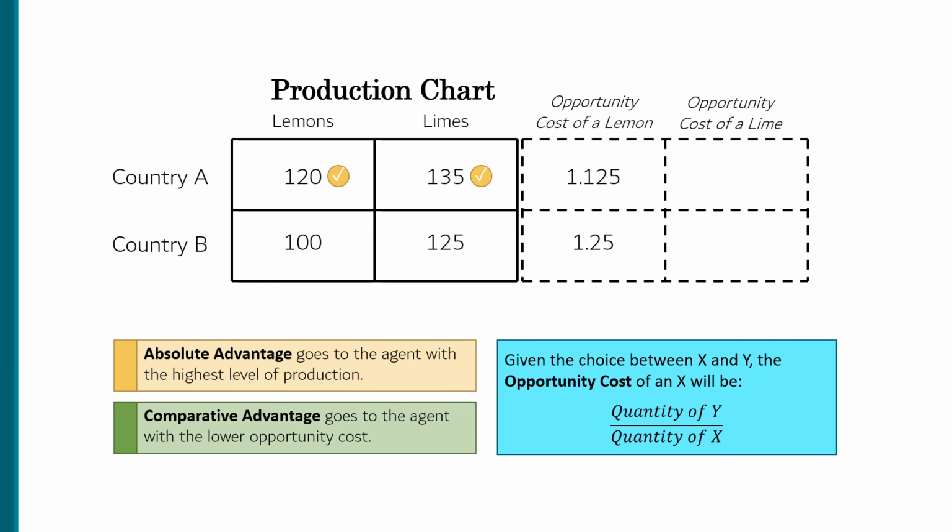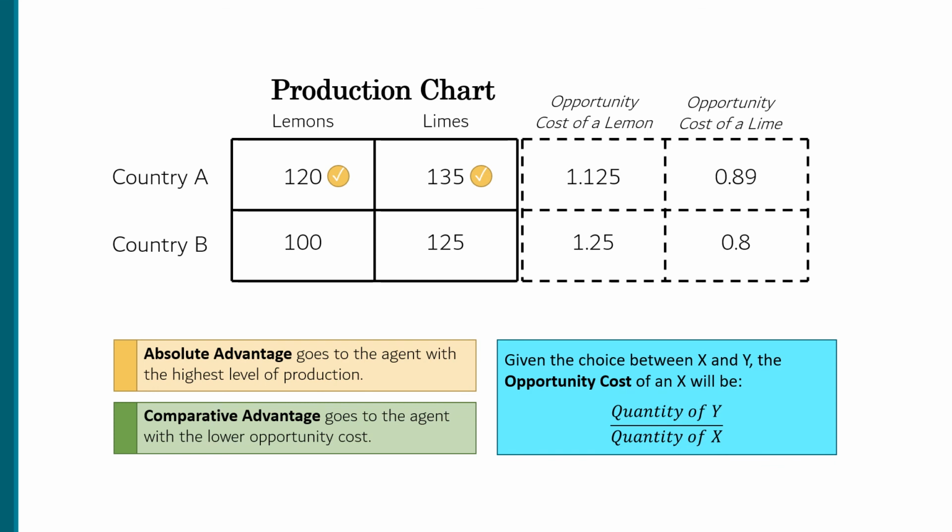The opportunity cost of a lime in country A is calculated just the opposite way, 120 lemons divided by 135 limes, which rounds to about 0.89 lemons per lime. For country B, it's 100 lemons divided by 125 limes, or 0.8 lemons per lime.